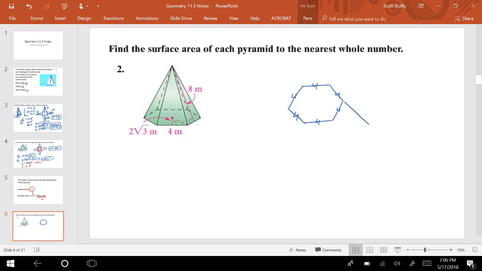So I'm going to draw those triangles in. And the slant height is 8, so that means that the actual height of one of those flattened out triangles is 8 meters also.